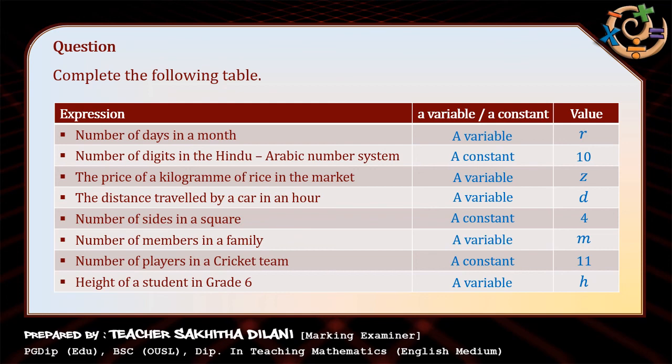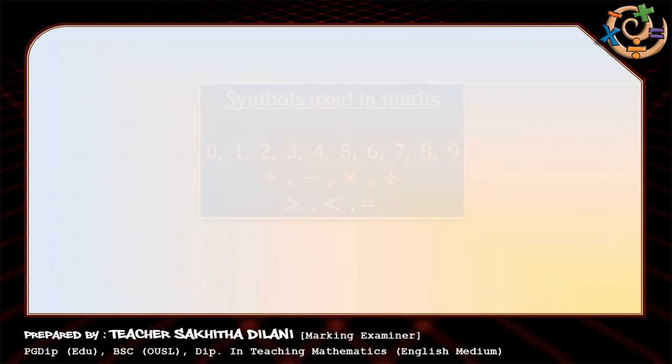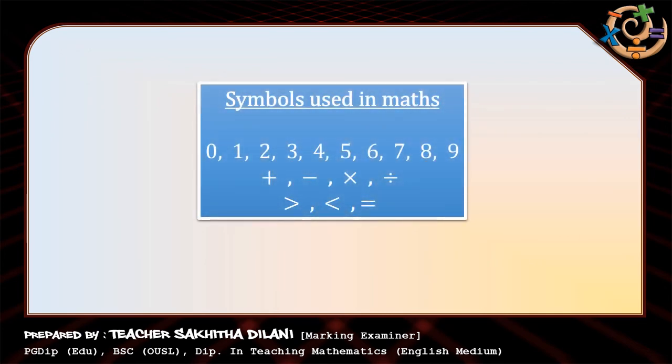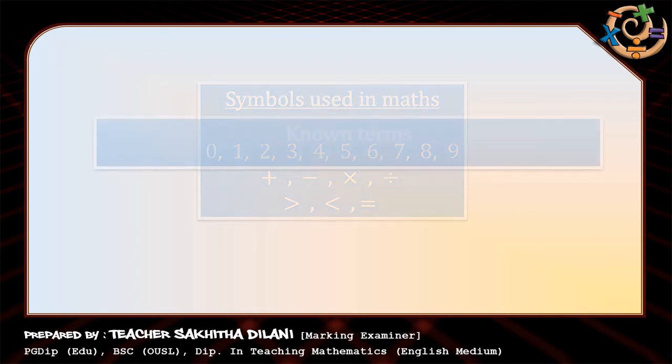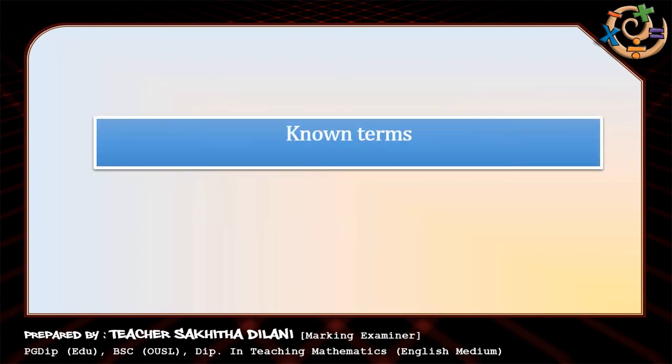Now let's remind ourselves, what did we learn today? Symbols used in maths, known terms. Now let's remind ourselves, what are known terms? A constant term of which the value is known is called a known term.